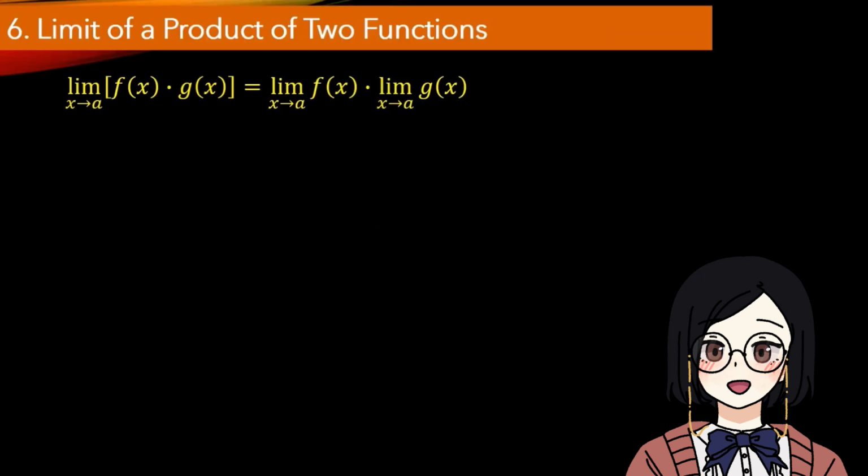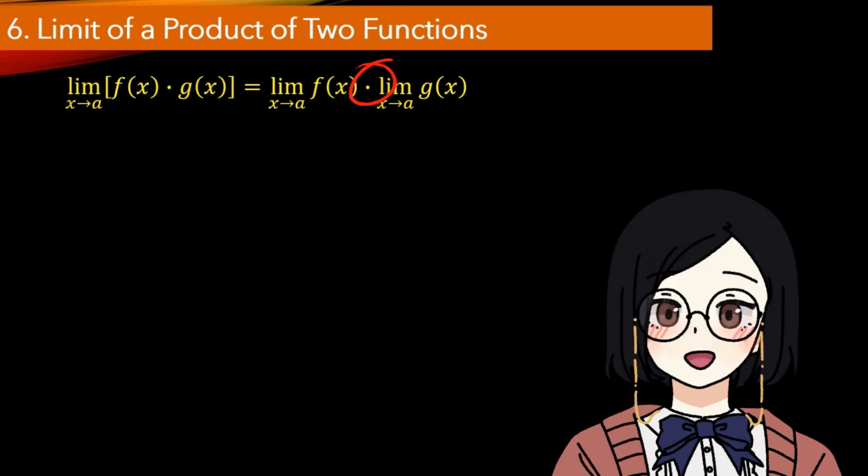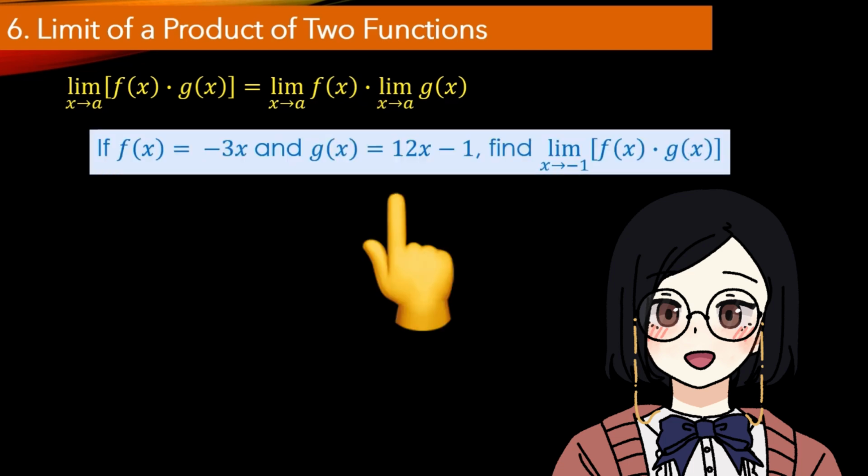In evaluating the limit of a product of two functions, we will have the same approach as in the previous example, but instead of adding or subtracting, we will multiply the results. Consider f of x equals negative 3x and g of x equals 12x minus 1.